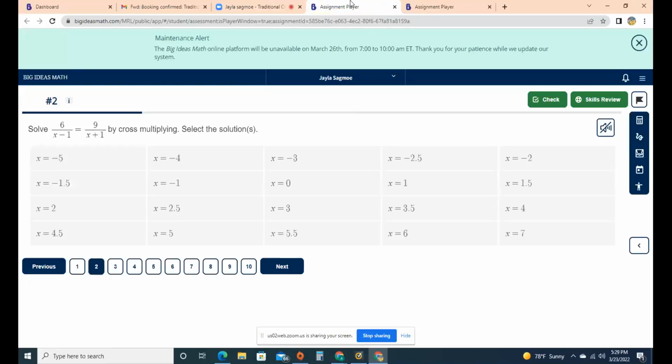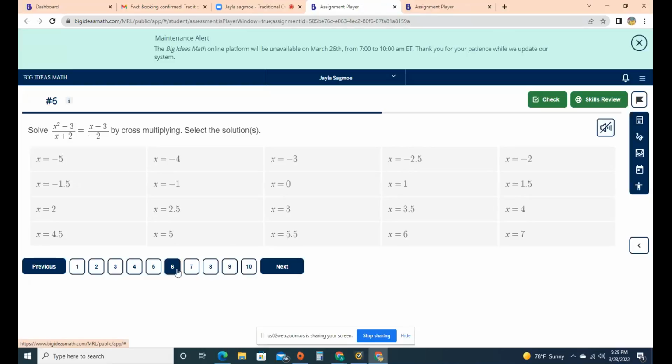Okay, so let's jump to question 6, and I'll show you how to do this one using Desmos. Go open up your Desmos in another tab.